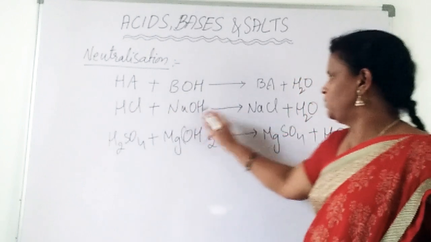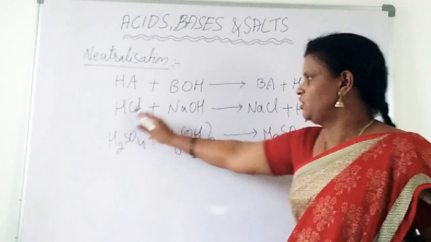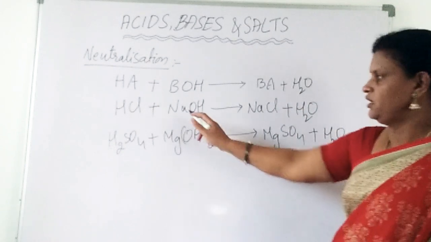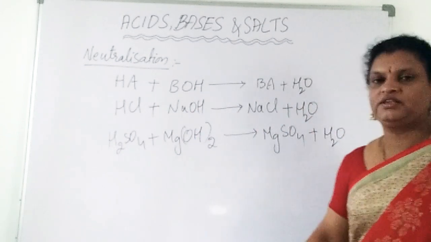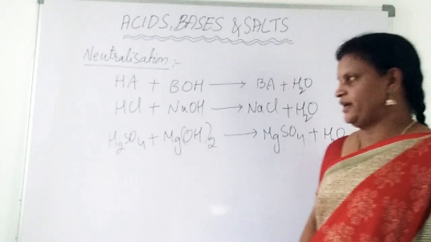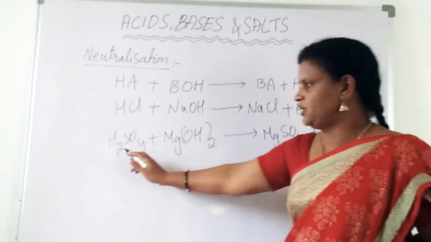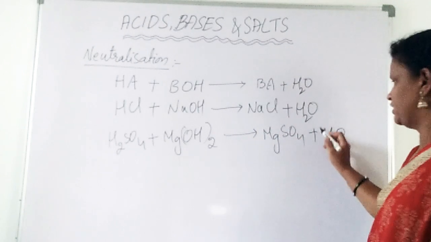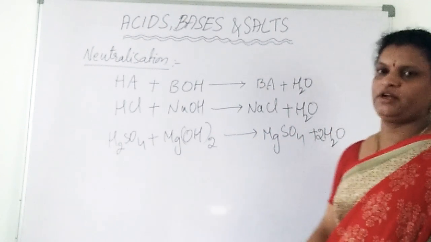Hydrogens here on the left side 2 are there, here also 2. Chlorines only 1, here also 1, here sodium only 1, here also 1, and even oxygen only 1 is there, that is already balanced. But coming to the second one, if you see, hydrogens here total together 2 plus 2, 4 are there, but here only 2 are written. So what we will do, we'll write 2 before H2O.